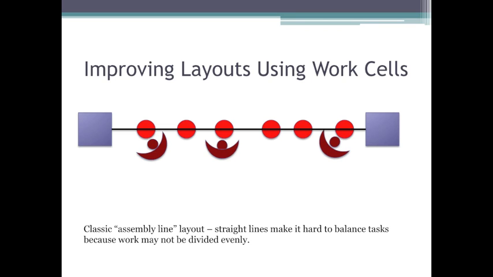Also, suppose we want a layout which encourages people to work together. One of the problems with the good old standard assembly line layout is you have these stations, one after another, and that really doesn't foster teamwork. So, how can we change this? How can we improve the layout here such that we increase teamwork, we facilitate teamwork, and also we can change the order in which people perform these steps of the process?